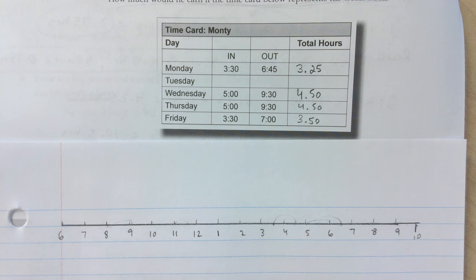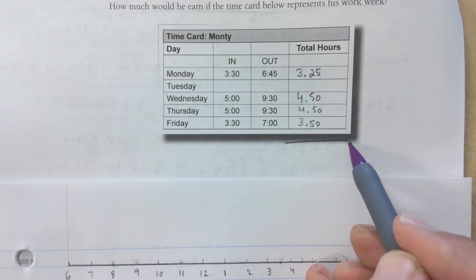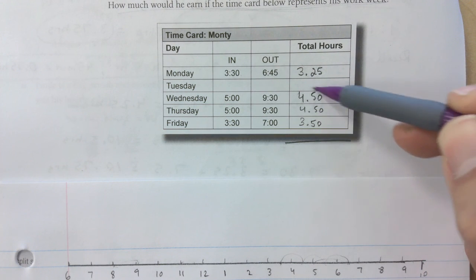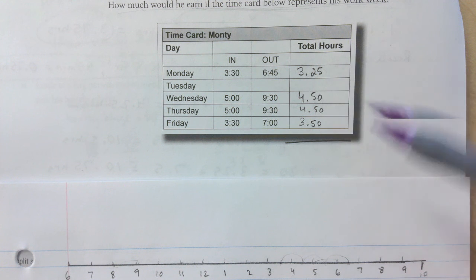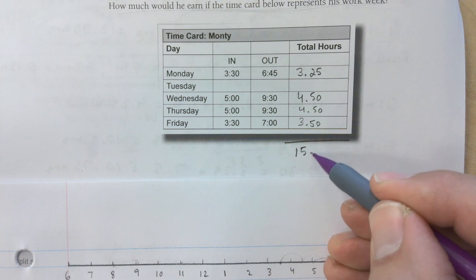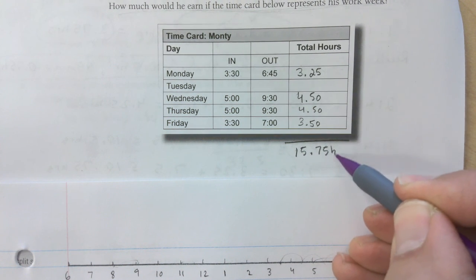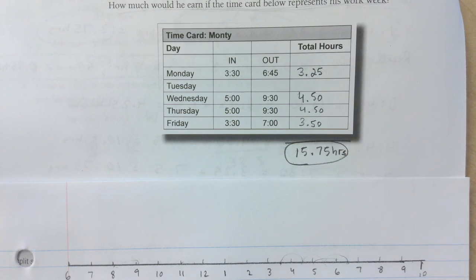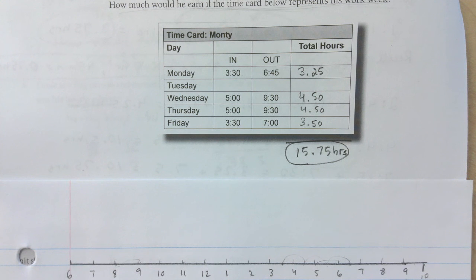Okay? And now we're going to add them all up. Right? So 4.5 and 4.5 is 9, 12.5, 15.75 hours total. Hours that you've worked.